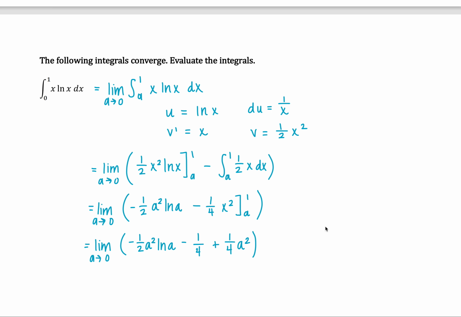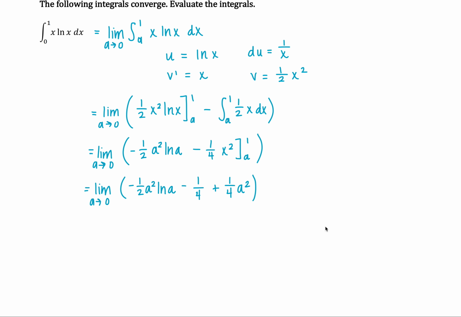Now, taking the limit. The negative 1/4 doesn't have an a, so that's going to stay negative 1/4. The third term, as a goes to 0, so does the entire third term.